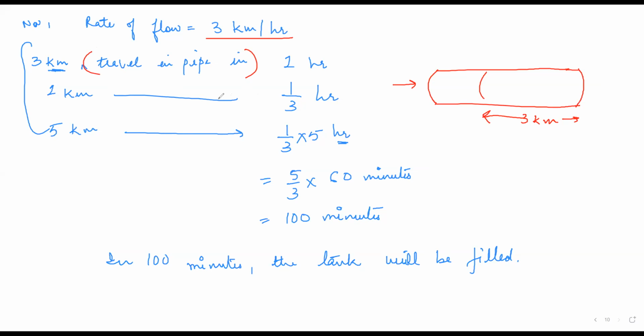So how can I reverse it? You can say that 3 kilometer distance is traveled by water in pipe in 1 hour. So 1 kilometer distance is traveled by water in 1 by 3 hours. Then 5 kilometer distance is traveled by water in this hour. Is this clear now? I hope the sentence was a bit misleading earlier. Yes?